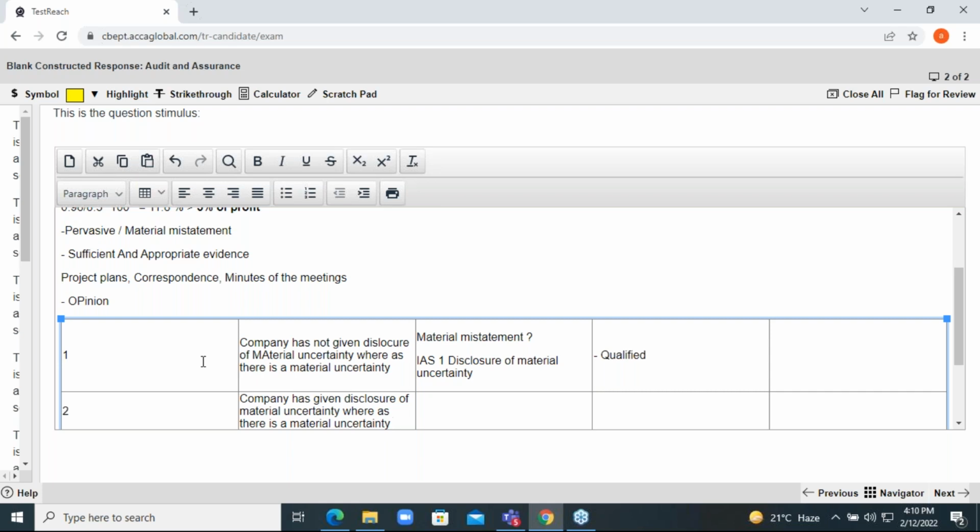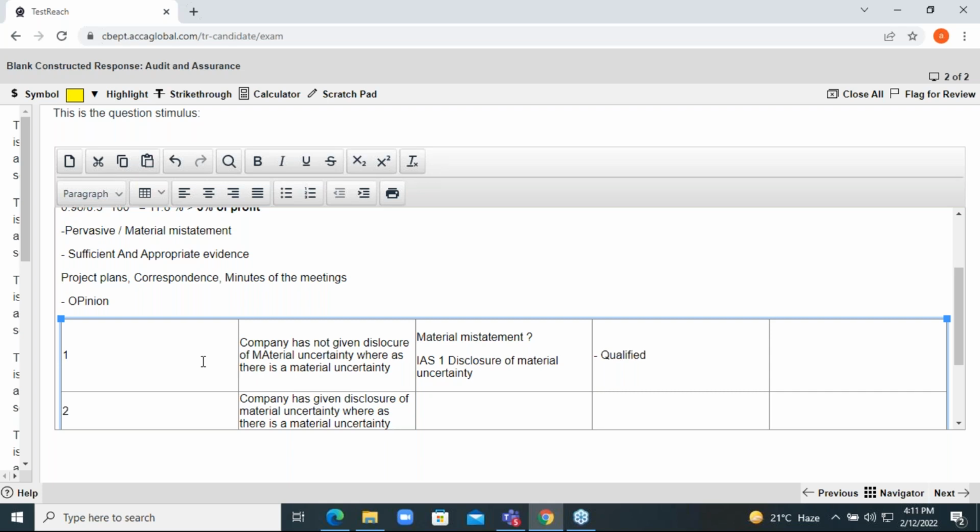Now, the company has given disclosure of material uncertainty, whereas there is a material uncertainty. So the material uncertainty is present, and management has disclosed it properly. Now, how would our opinion be? Kindly give your answer in the chat box, question box.